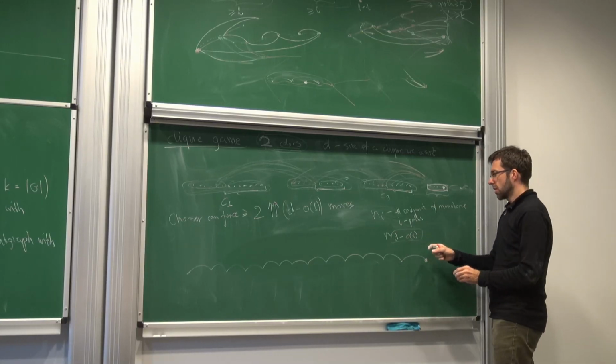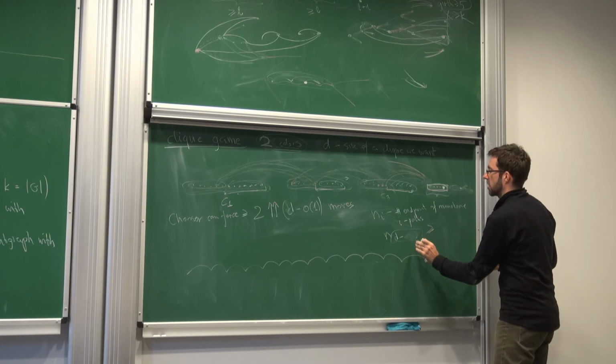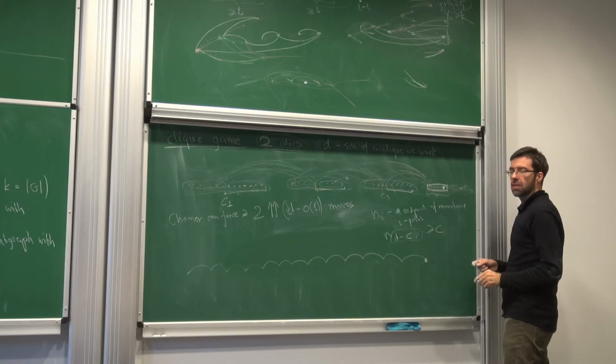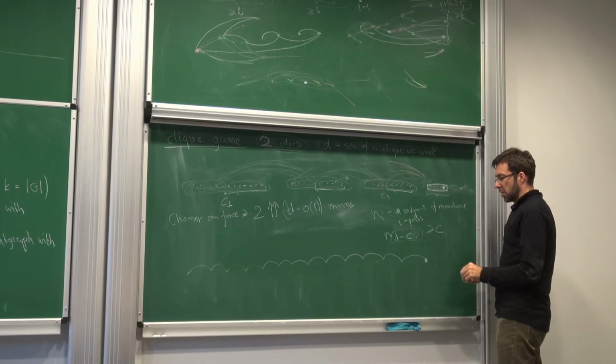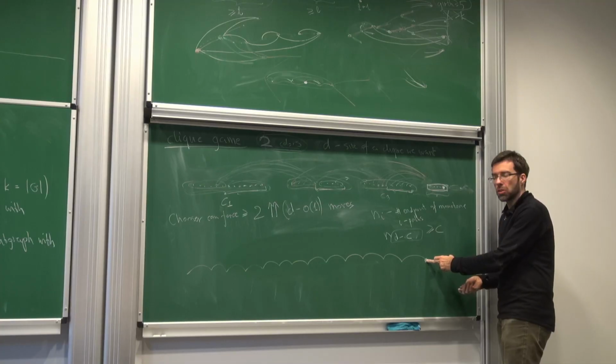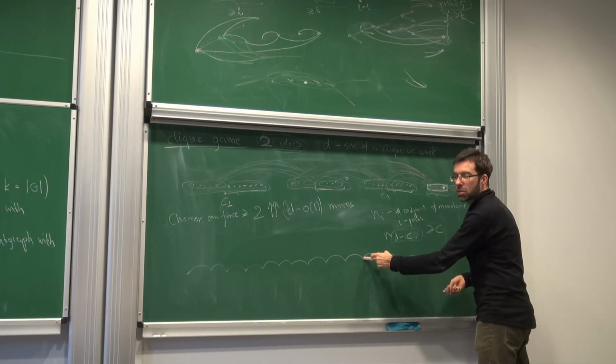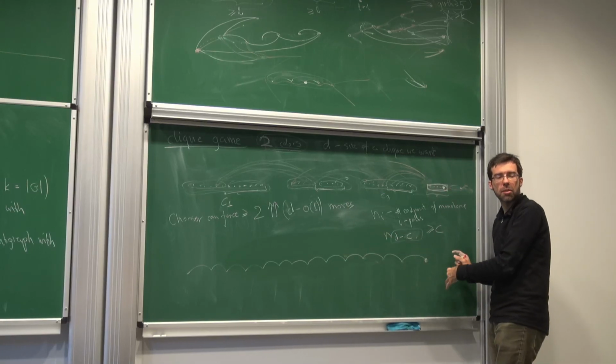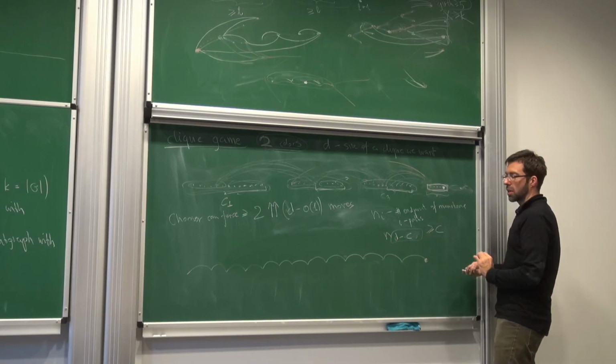And we know that this is at least, let's say, call this constant c. We know that this is at least c, or even c plus 1. Because this vertex is a good endpoint, but also this one, also this one, also this one, also this one. Okay, the c last vertices, they are good endpoints. So this is our starting point.